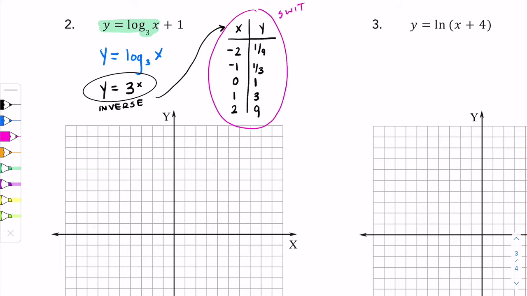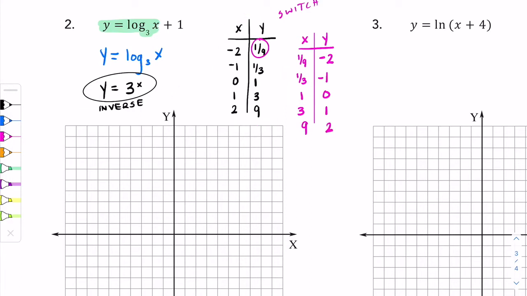meaning you switch your x and y variables. The first point is going to be x coordinate 1/9, y coordinate -2, 1/3, -1, 1, 0, 3, 1, 9, 2. Now we're going to graph these as our parent function.